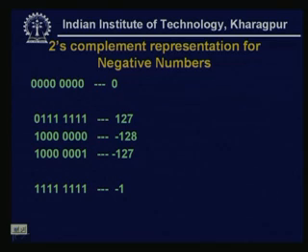So here only a unique representation of 0 is there. This overcomes the problem of the double representation of 0. So we represent negative numbers by 2's complement.